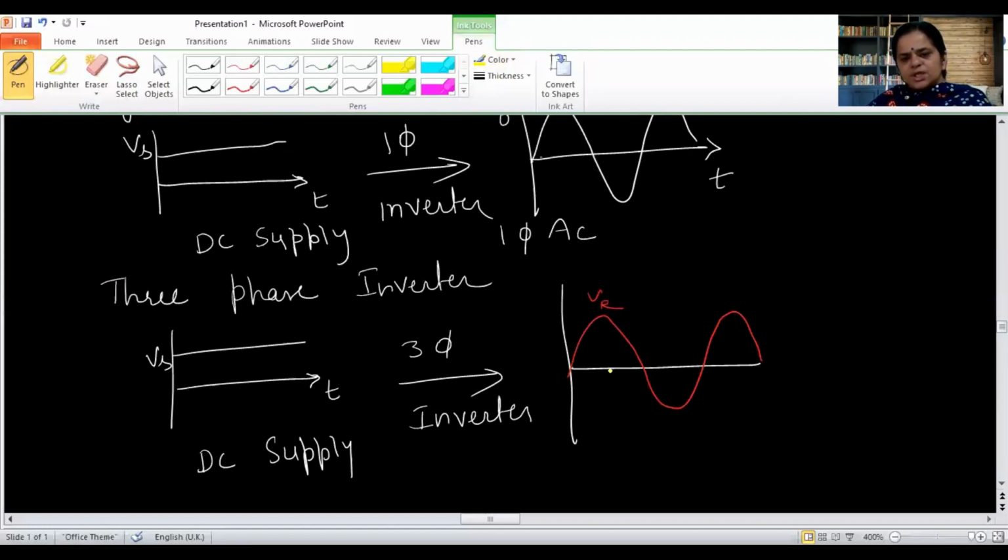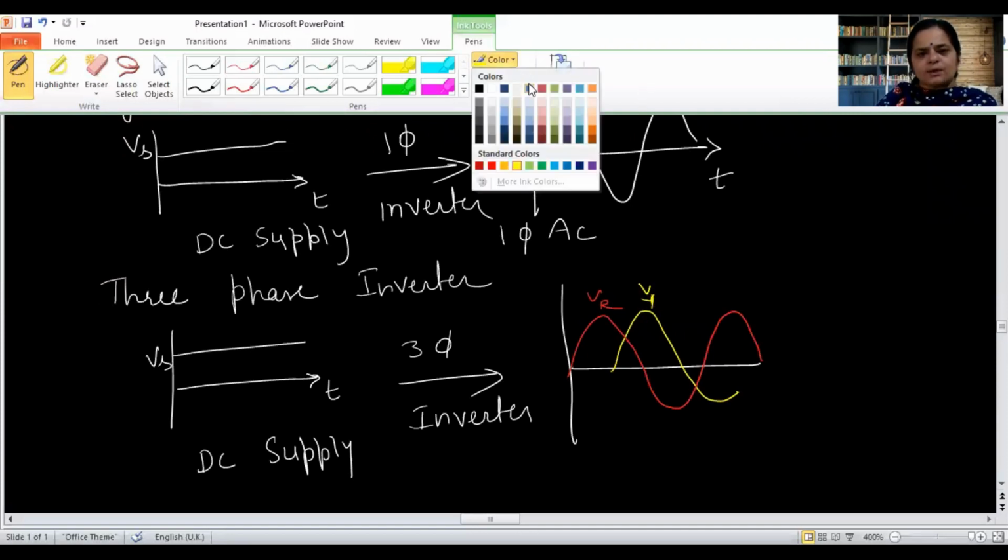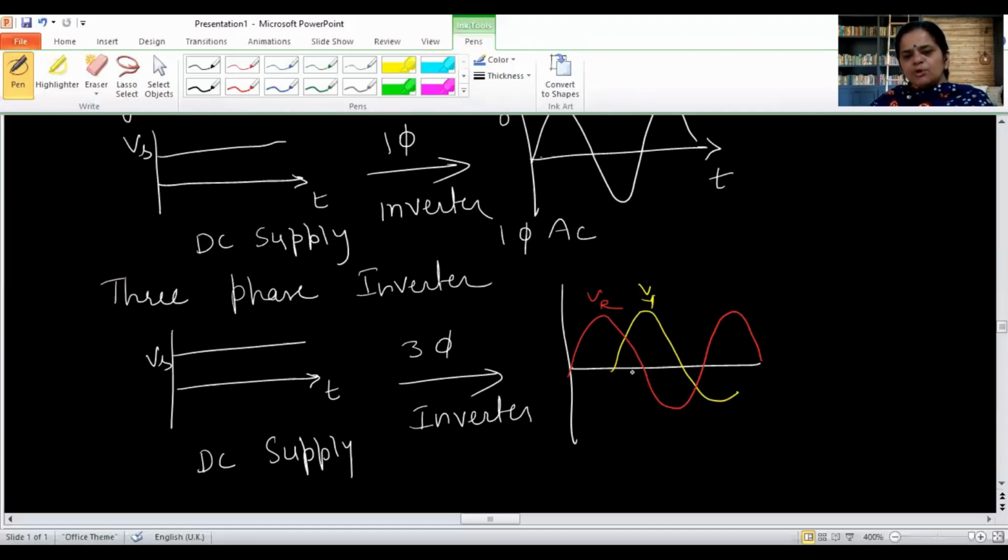Then the yellow phase, which will start after a delay of 120 degrees. So this is the Y phase. And at last, I will draw the blue phase. So this is 0, this is 120, this is 180. So somewhere it will be 240 degrees. After a delay of 240, the next phase will start.